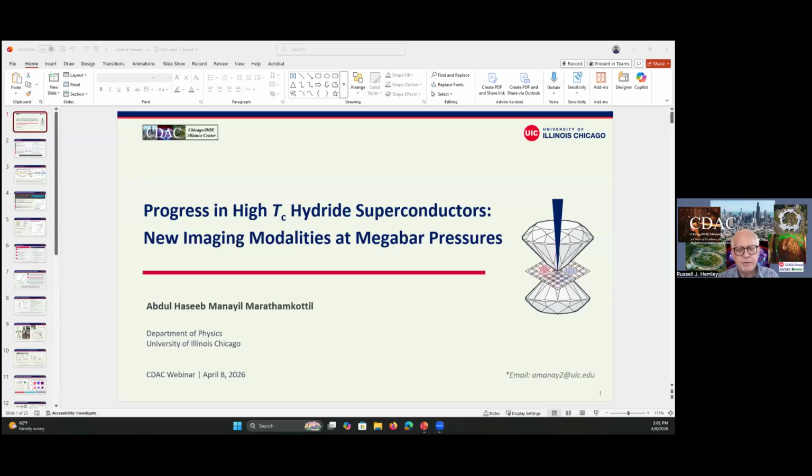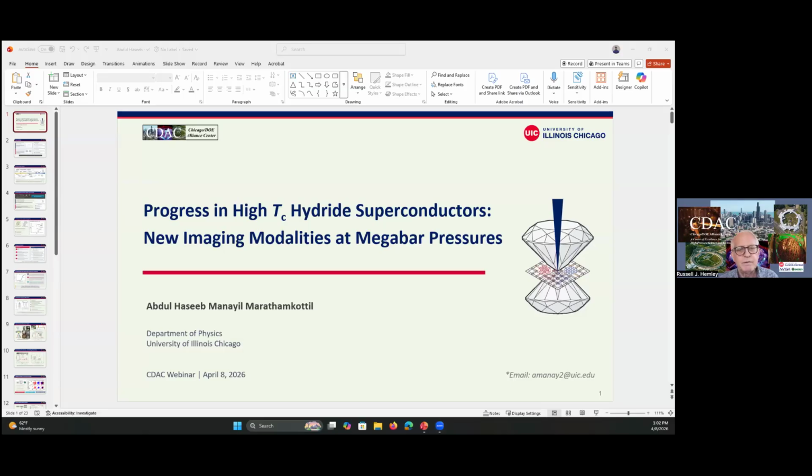It's my pleasure to introduce today one of our own, Abdul Hasib Manayil Marathamkottil. We call him Abdul. Abdul is a materials chemist who has, over the years, mastered a great many high-pressure diamond anvil cell techniques, including laser heating synthesis, a broad range of X-ray characterization methods, as well as electrical transport techniques and spectroscopic methods.